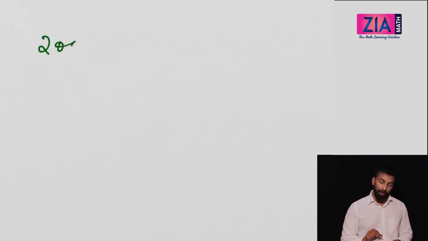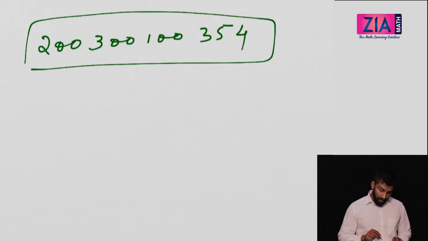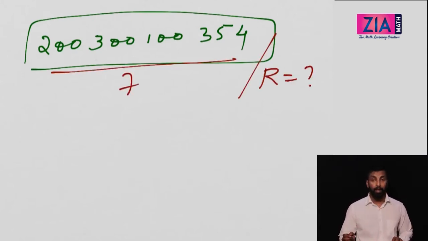Now let's start with the divisibility of 7. Say you have a big number, let's write it as 354, and you need to divide it by 7 and see what the remainder is.